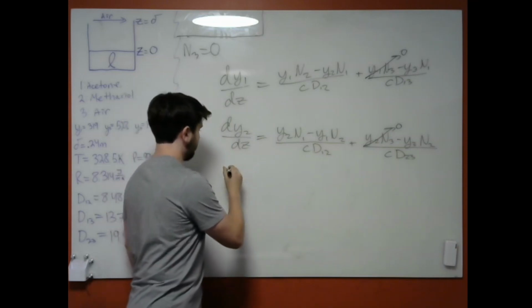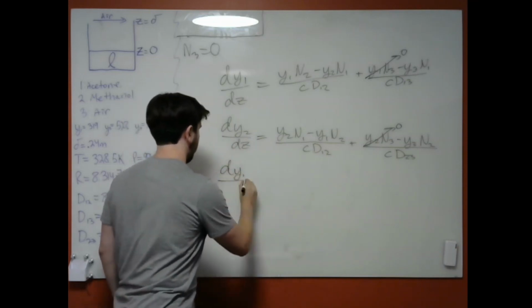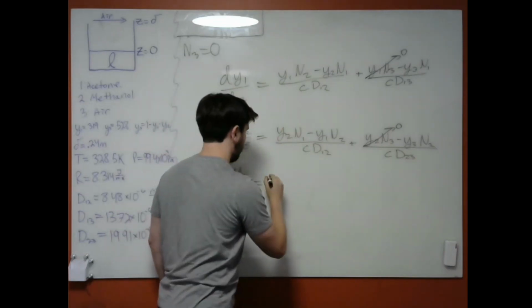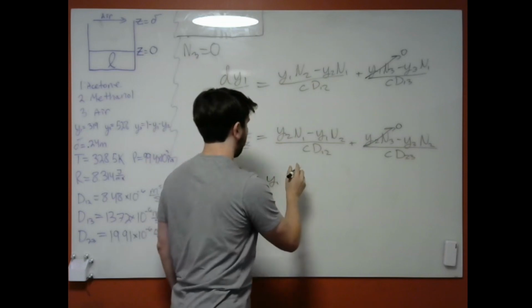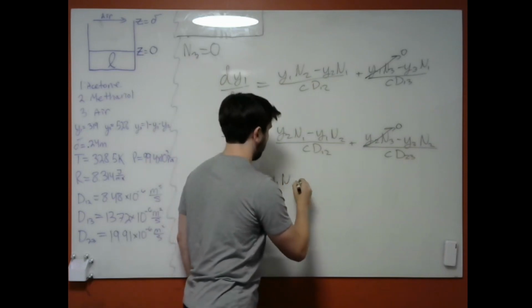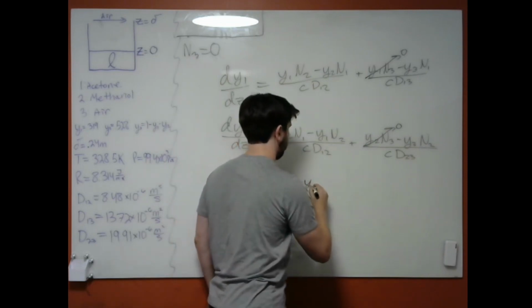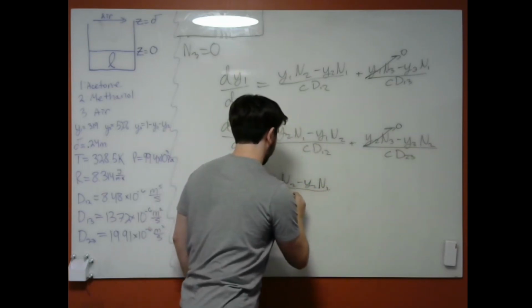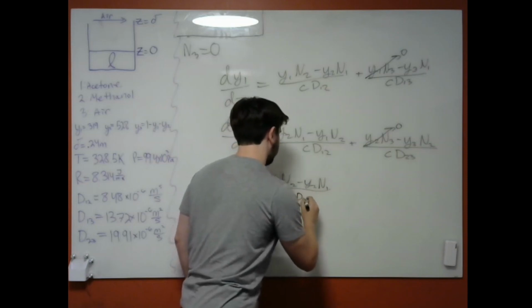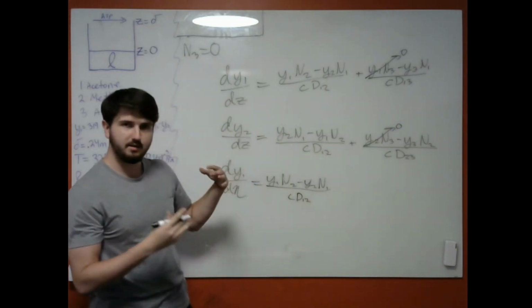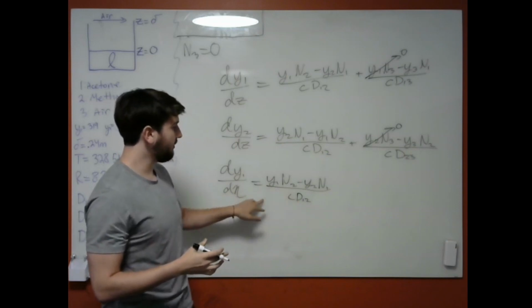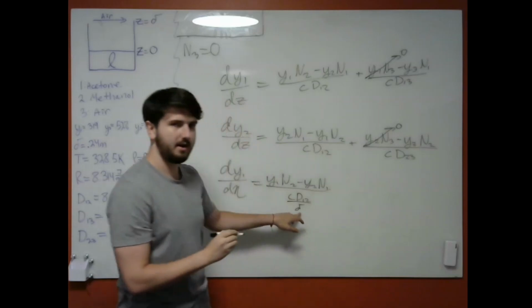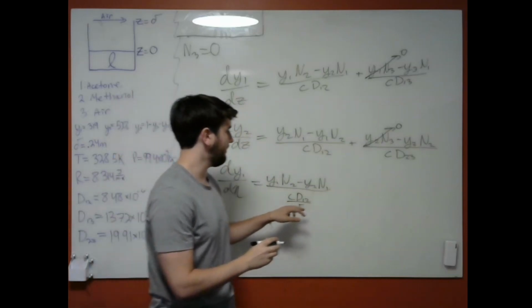So we have that the y1 in comparison to eta will be equal to the mole fraction of 1 times the molar flux of 2 times the mole fraction of 2 times the molar flux of 1, all over the total concentration times the diffusivity from 1 to 2. And we're going to put that 1 over delta, which would be on the top, down here at the bottom, right below that concentration and diffusivity.